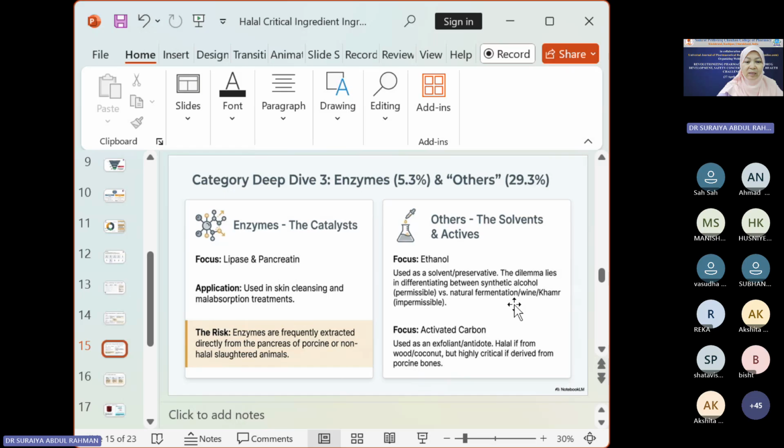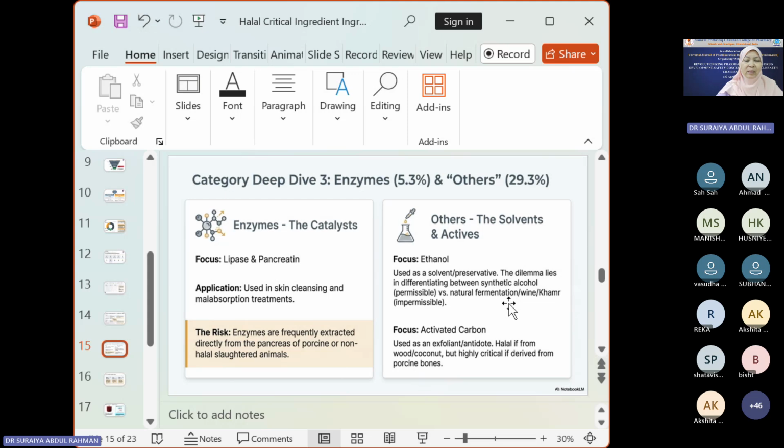Solvents such as ethanol are considered haram if they are taken from a byproduct of wine production. If the alcohol is synthetic or industrial alcohol, manufactured solely for medicinal or industrial purposes, that is halal and allowable. But ethanol taken from a byproduct of the production of wine or alcoholic drinks is considered haram.